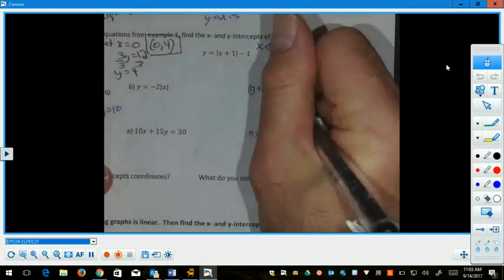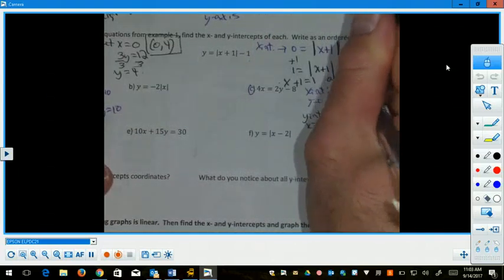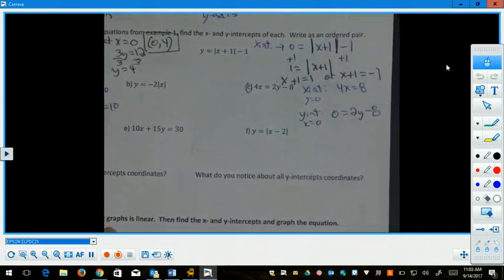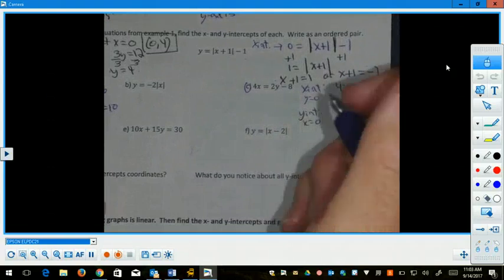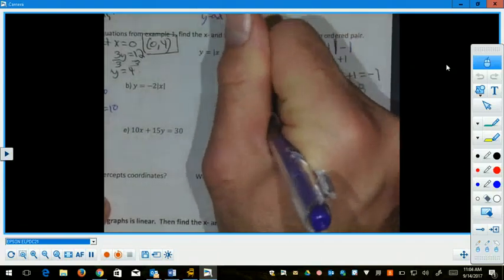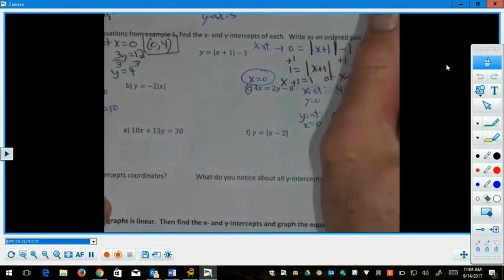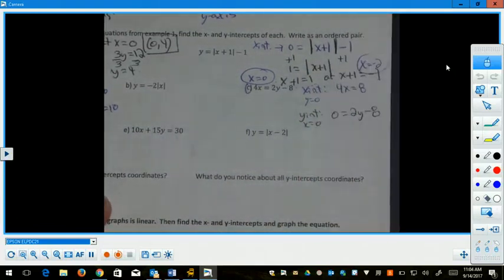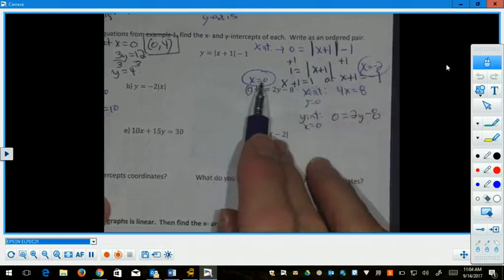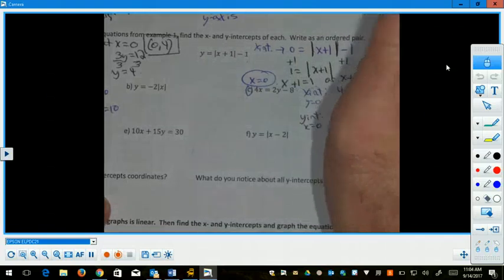It will have 2 solutions. x plus 1 equals 1, or x plus 1 equals -1. By subtracting 1 from both sides on this one, I get x equals 0. By subtracting 1 from both sides on this one, I get x equals -2.